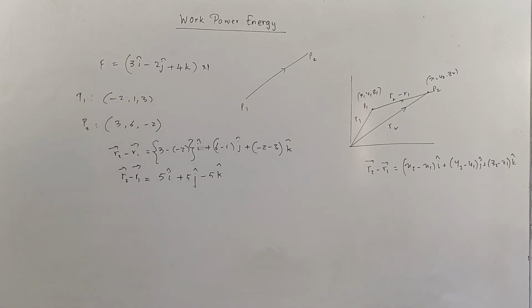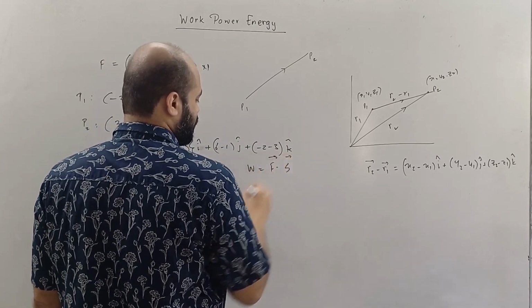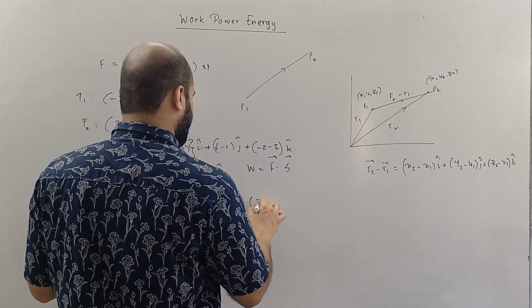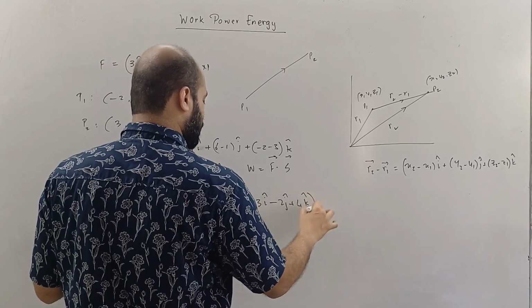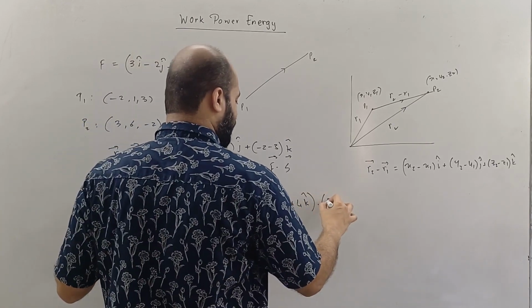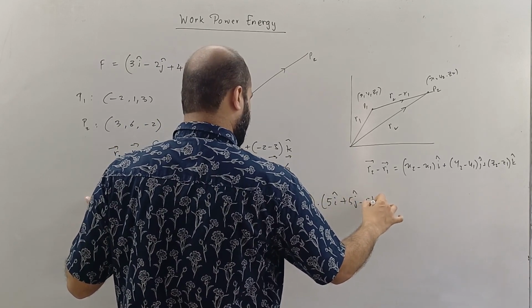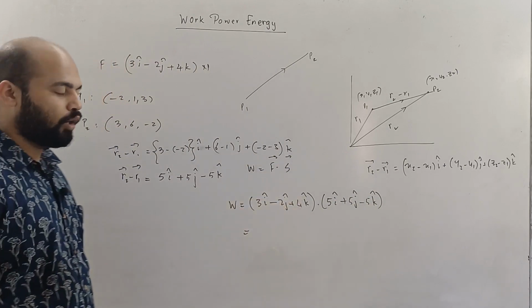And now let us multiply this displacement vector with the force. So F dot S, work done is going to be F dot S. So if I continue, then I'm going to get 3i minus 2j plus 4k dot 5i plus 5j minus 5k. Now if you multiply this together, how to do the dot product?